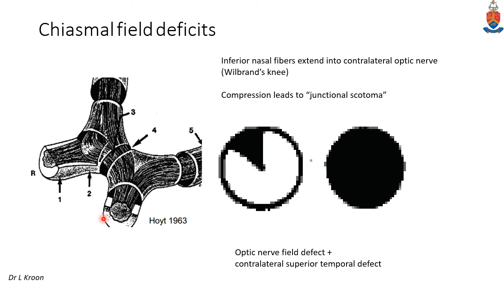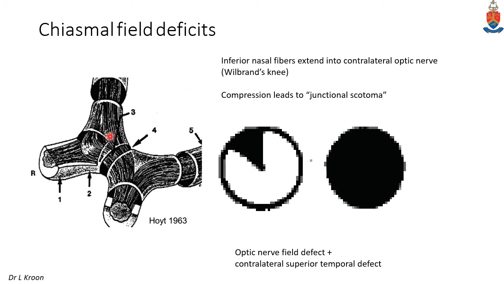Now, a very characteristic visual field defect that can occur in the chiasm is due to interference of this area here, and the proximal optic nerve, where there is crossing of the nasal fibers which subserve the superior temporal field information, and this is called Wilbrand's knee.